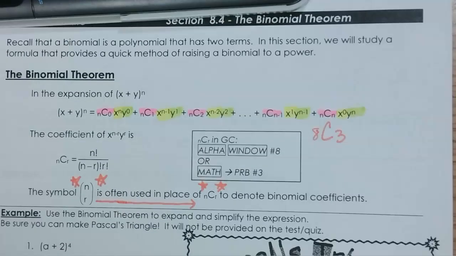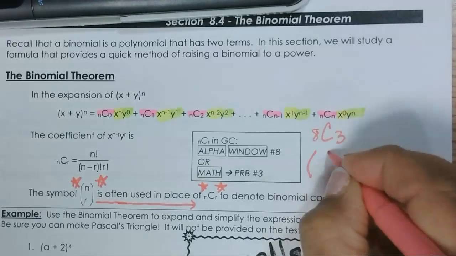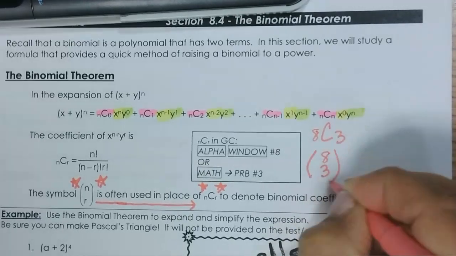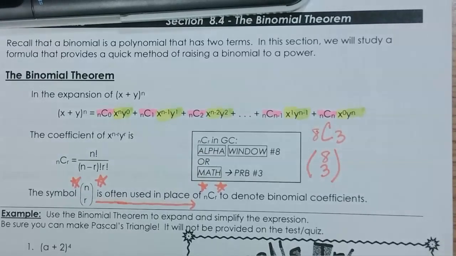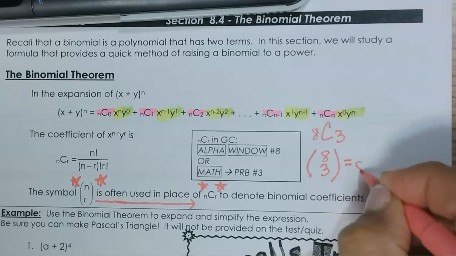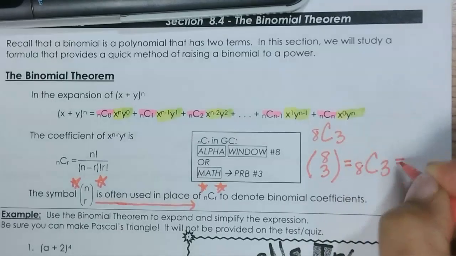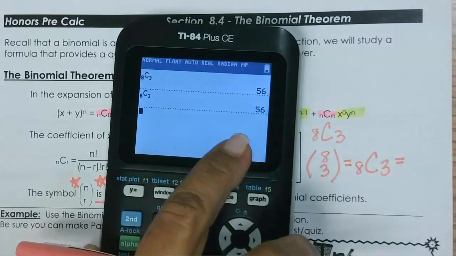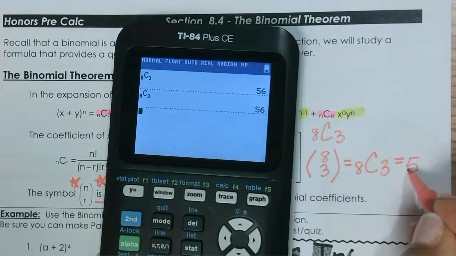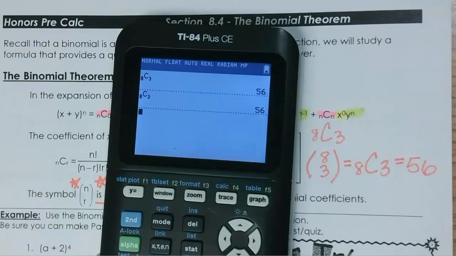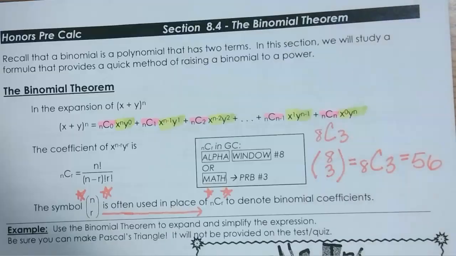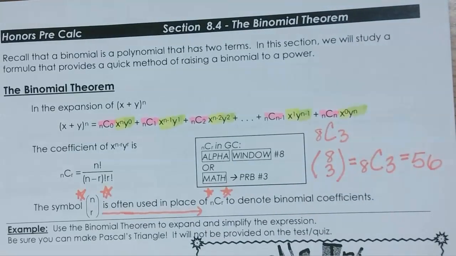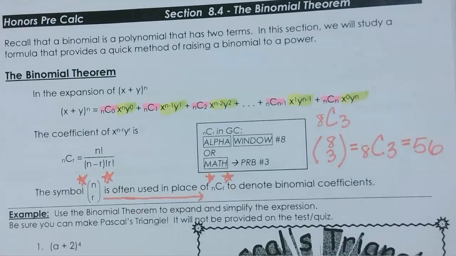So if I was given this notation, 8, 3, we need to remember that that's the same as 8C3, and we found that 8C3 is 56. Okay, so those are some of the computations you have to make for combinations.